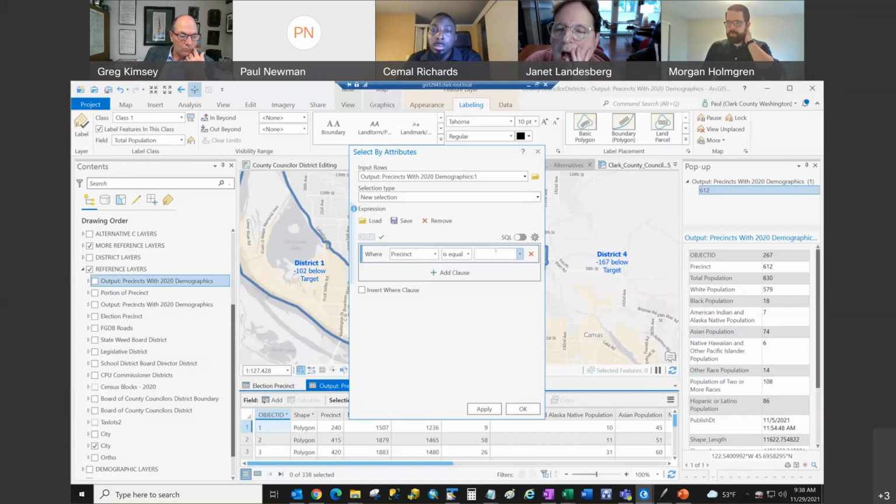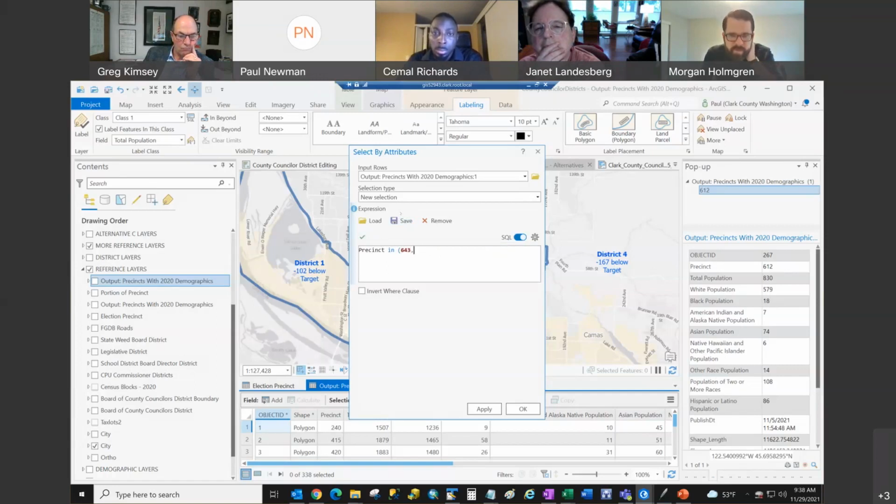Which precincts would you like to see highlighted? 643 and 636. Are they next to each other? They're like north and south of each other. Okay. What was the second one? 636. Yep. All right.